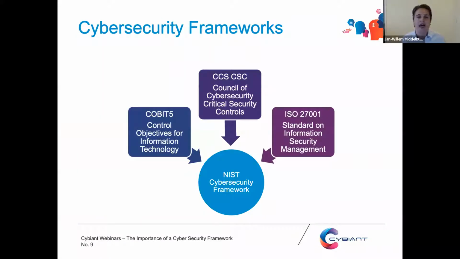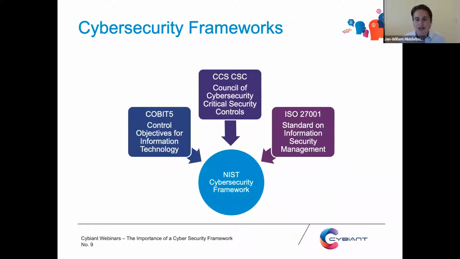So let's have a look at what has been developed over the years. There are a number of different ways and approaches in which most organizations, and especially larger ones, have been dealing with cybersecurity for the last couple of years.